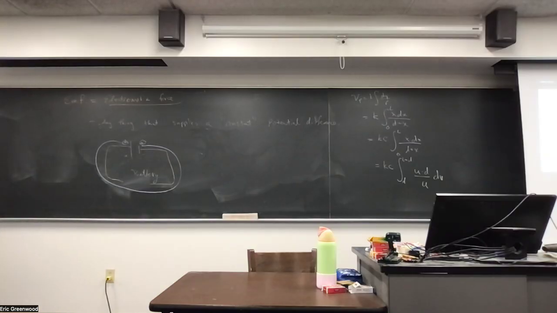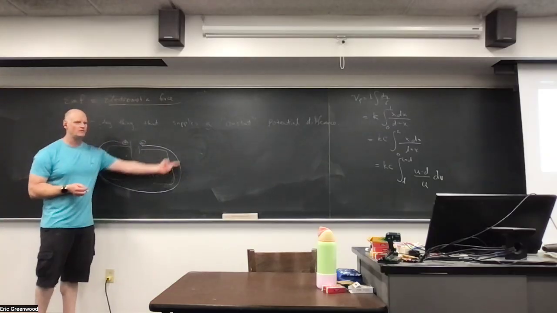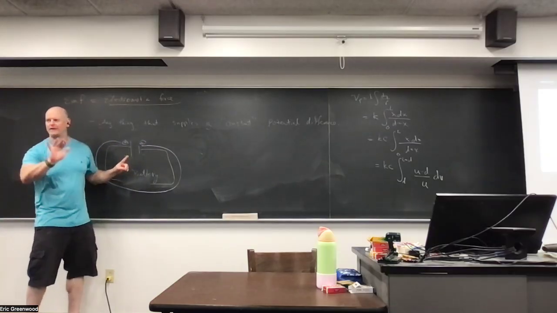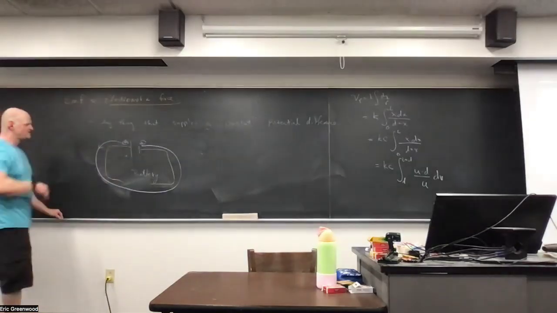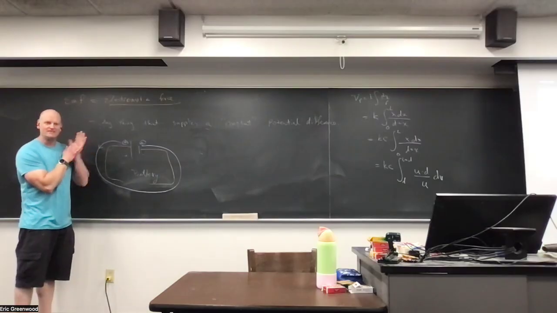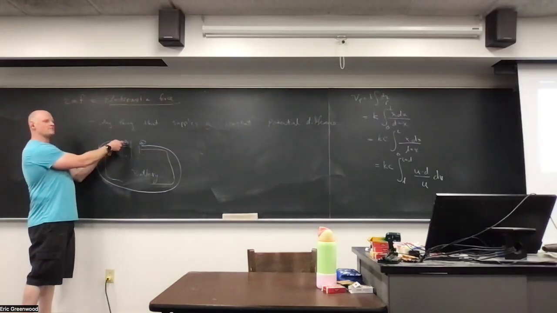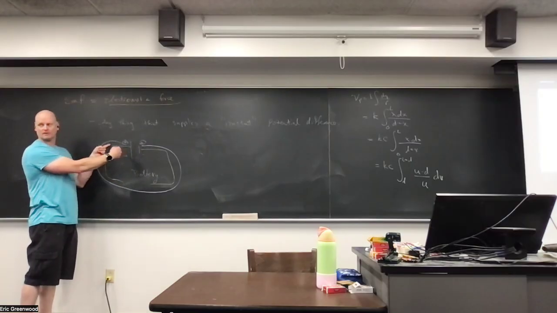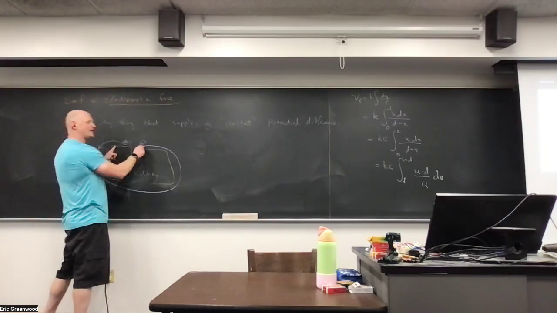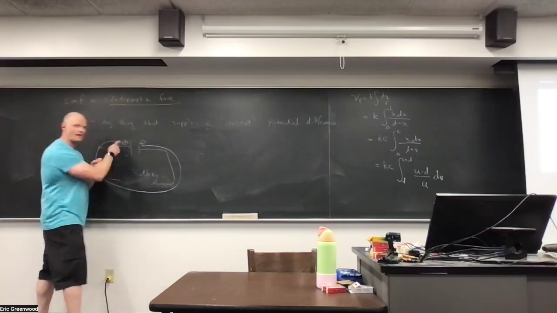Now, in reality, this is not the way it works. We'll talk more about this later. It is actually negative charges which move in the opposite direction in reality. But by Benjamin Franklin, this is the convention that we use. Even in electrical engineering, this is the convention that you use, which is positive charges moving away from the positive terminal into the negative terminal. But again, in reality, it's actually a negative charge moving from the negative terminal to the positive terminal.